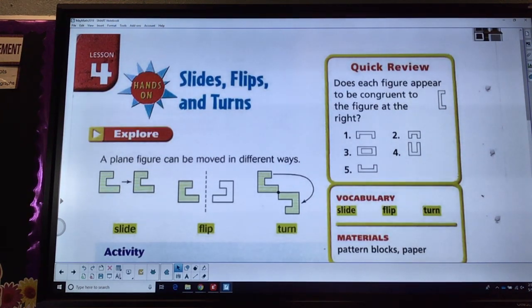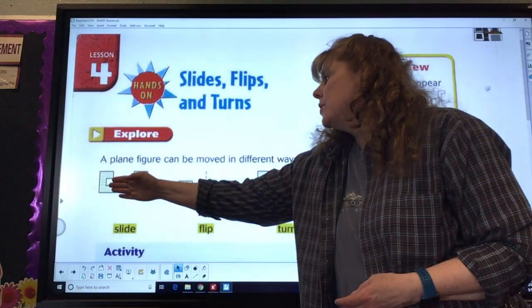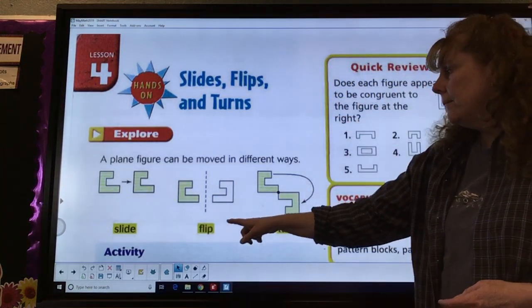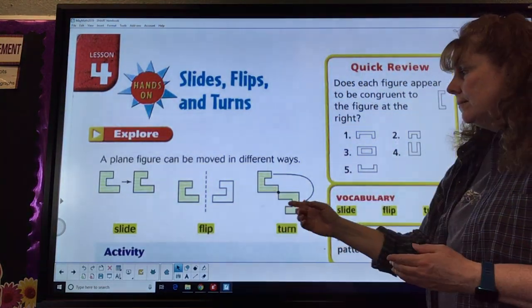Slides, flips, and turns. Those are all transformations. In other words, we're changing a figure and moving it around. A plane figure can be moved in different ways. If we look at this first one here, we're just basically moving it across. That's a slide. A flip is like a mirror image. Okay?